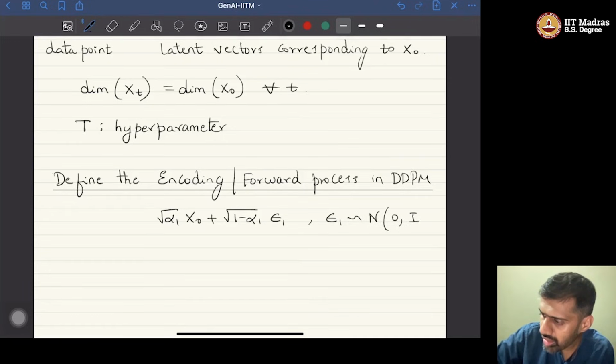Please recall that I told you that the forward process in a DDPM is fixed, but it is not deterministic, right? It is still a random process.